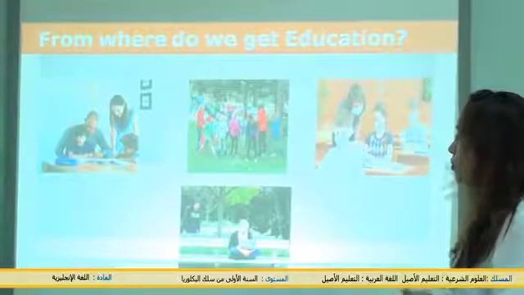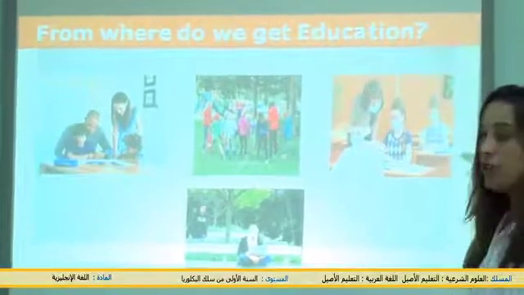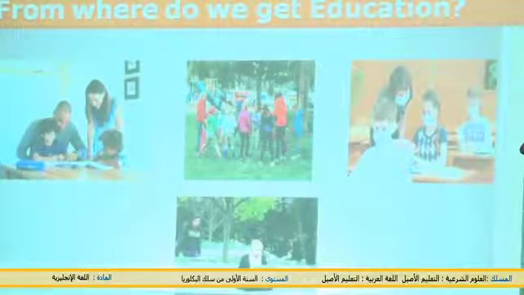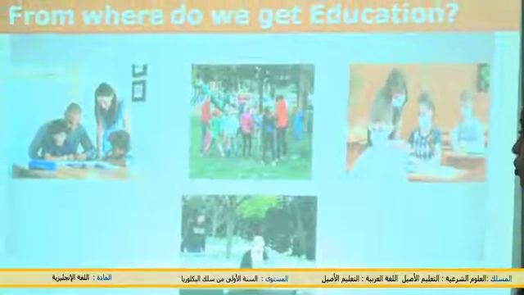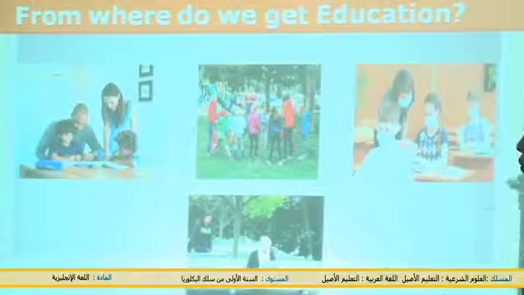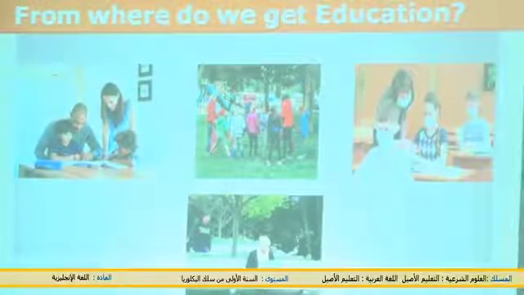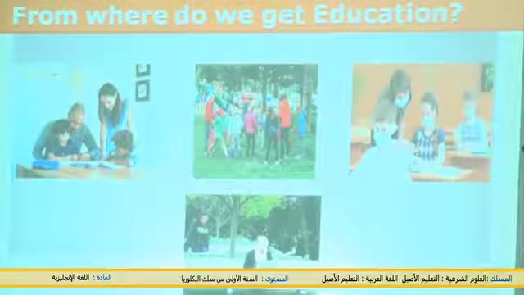Good. Now we are going to see from where we get education. The first picture represents a family, I mean a father and a mother who are teaching their kids and helping them in doing their homework. In the second picture, you can see a group of kids playing in a playground.